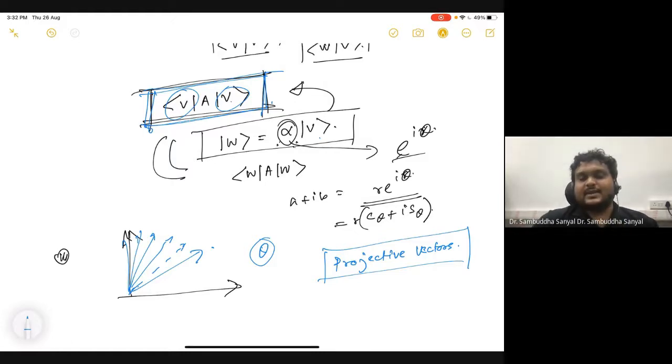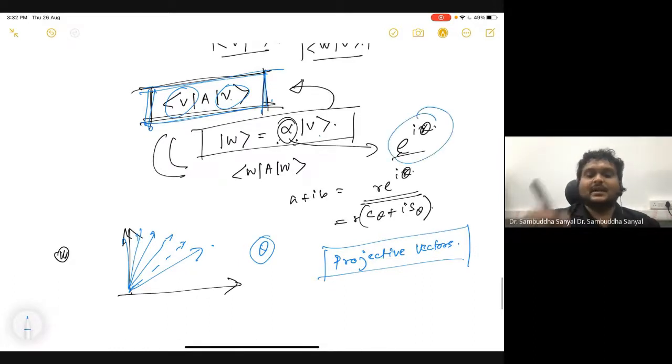This V has to be an object, because all the V's which are related to the original V by this transformation will not give a different result from this measurement. So that is why all these vectors can be identified as the same state, and that kind of vectors are called projective vectors. I'll illustrate more on this in the next class.